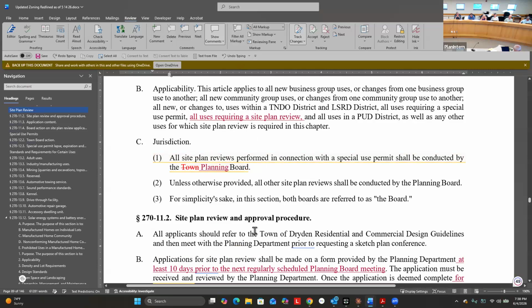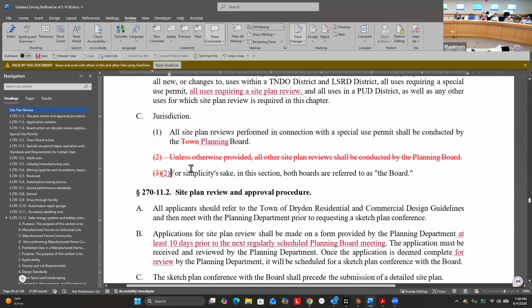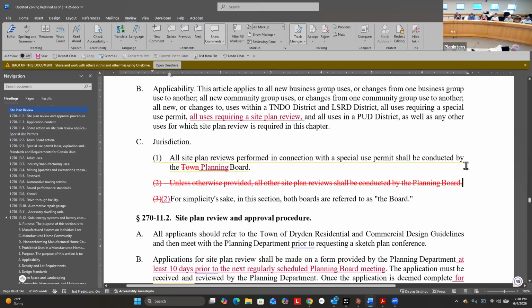If we change one, that whole line 2 is redundant. As Pat pointed out, just take it out. Maybe you don't need 3 either. Or in one, then you need to take out special use permit, because it needs to be all site plans then.